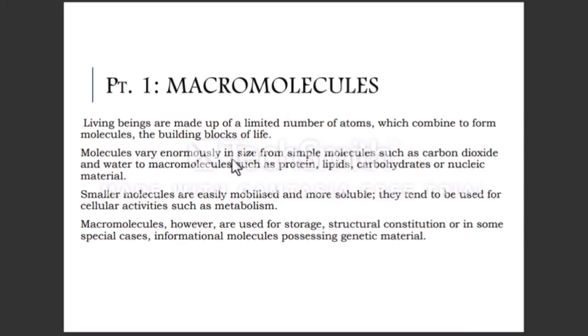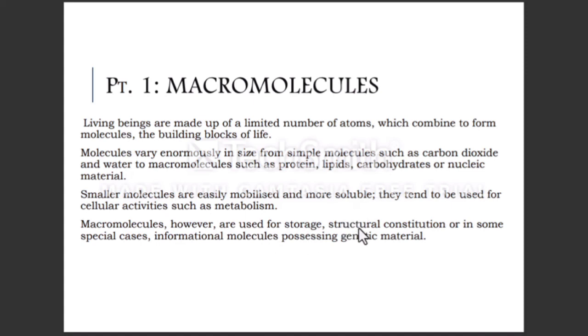Okay. So these smaller molecules, they are easily mobilized and they are more soluble. Okay, they tend to be used for cellular activity like metabolism, like carbon dioxide, for example, which is a waste of metabolism. You have oxygen, for example, which is being used for metabolism, and so on. So macromolecules, however, they are used for storage. So they have functions in storage.